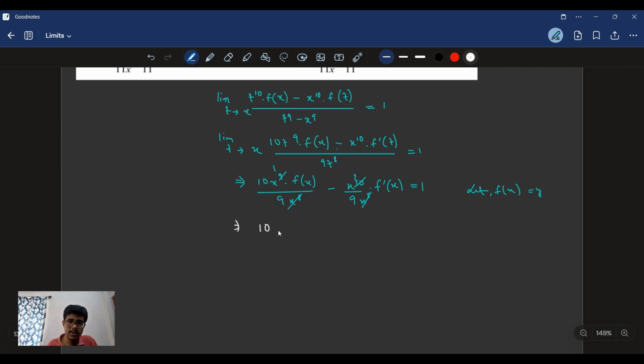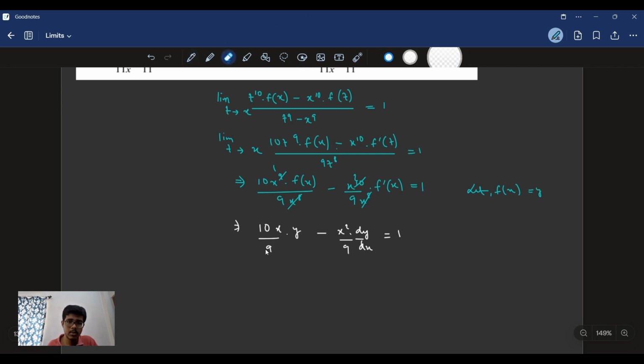Now replacing this f(x) with y, we get 10xy by 9 minus x square dy by dx by 9 is equal to 1.